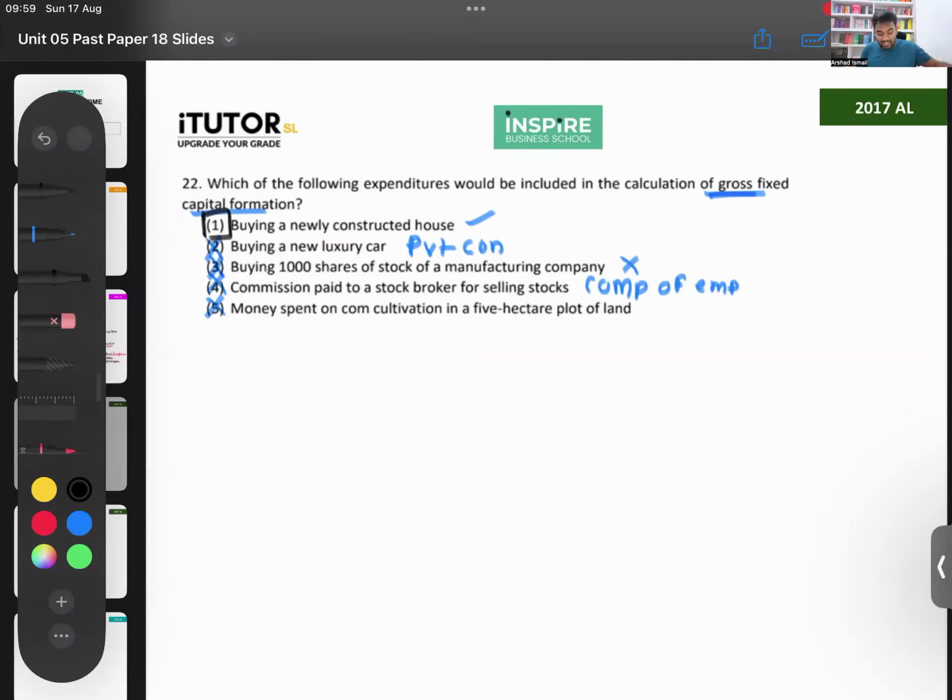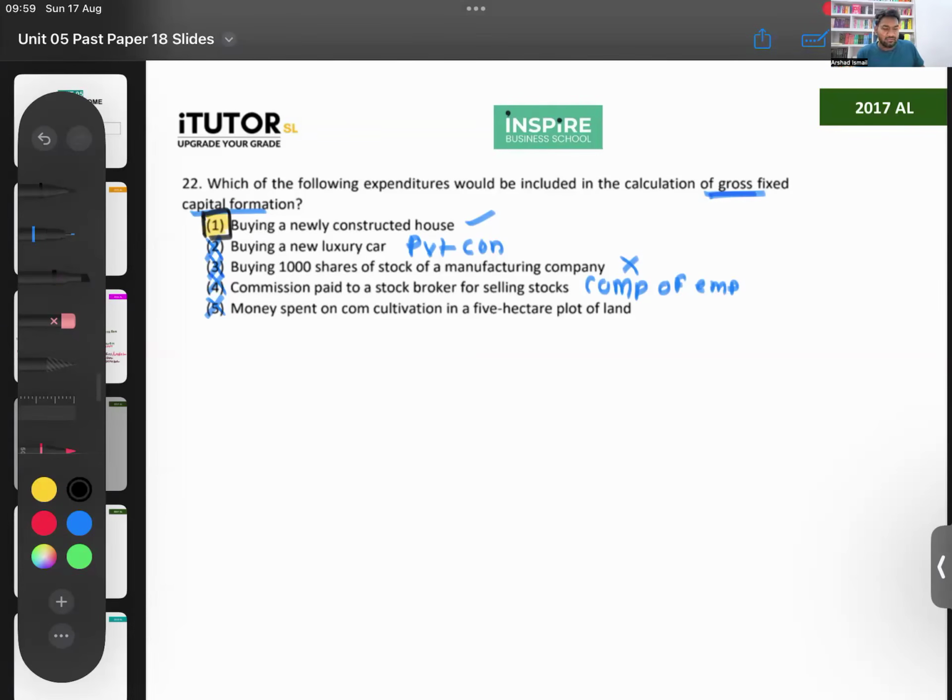Why are you putting that under gross fixed capital formation? That is the standard level. That is based on SNA 2008. Even though households are the people who buy houses, which ideally has to then come under private consumption, we don't treat it under private consumption. It comes under gross fixed capital formation. So the answer there is number 1.